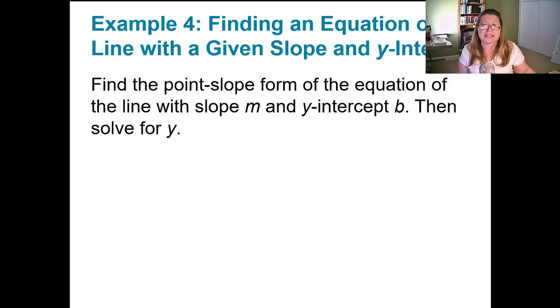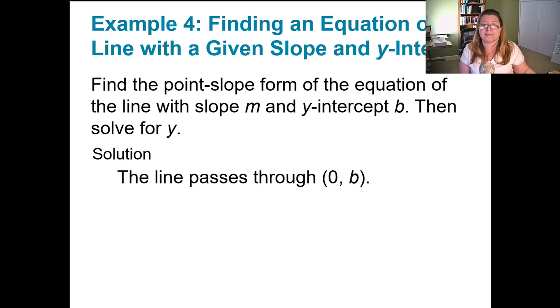Let's look at another example. We're going to find the equation of a line given the slope and the y-intercept. So first we're going to find the point-slope form of the equation using the slope and the y-intercept, and then we're going to solve for y. Our line passes through (0, b), where b is the value of our y-intercept where our line crosses.